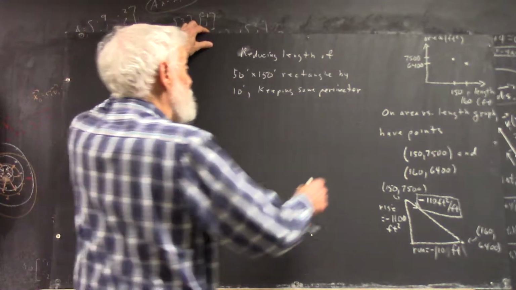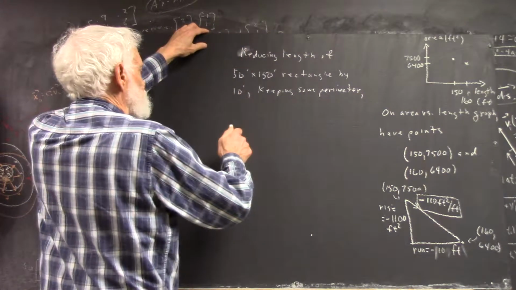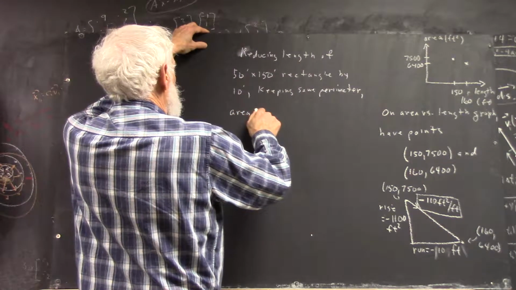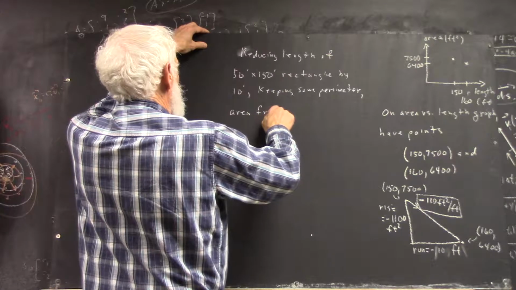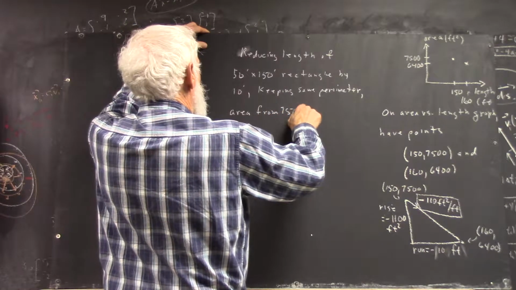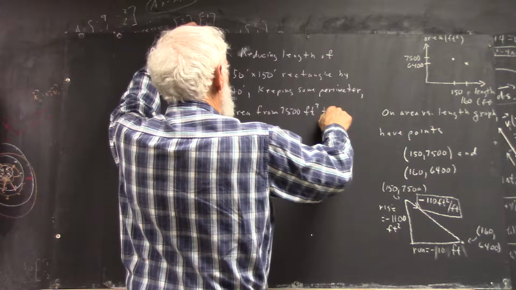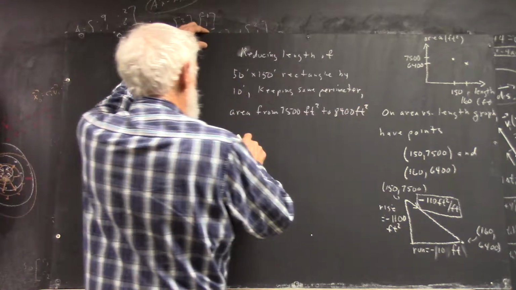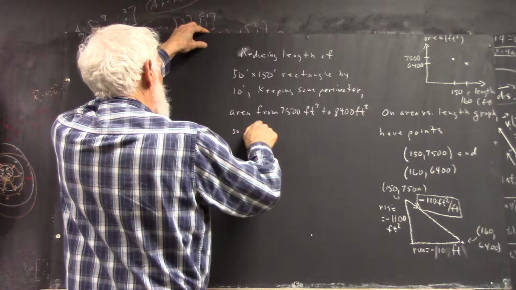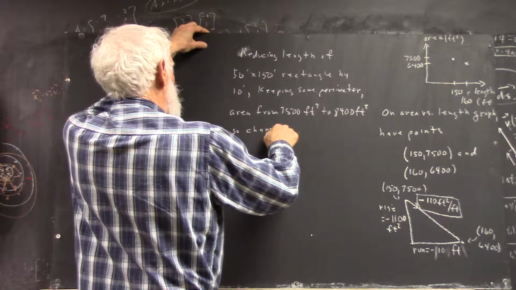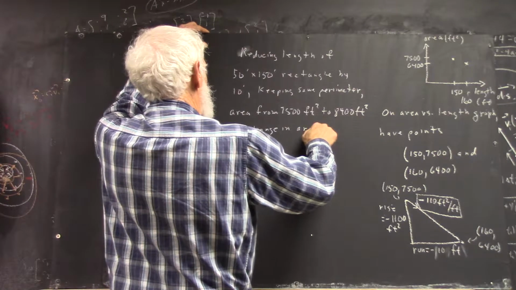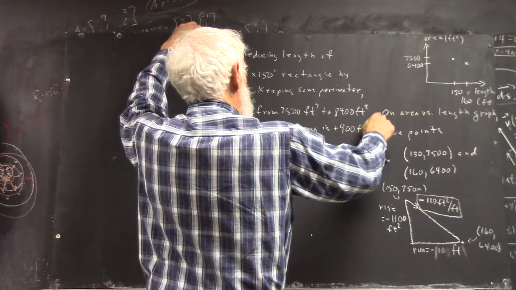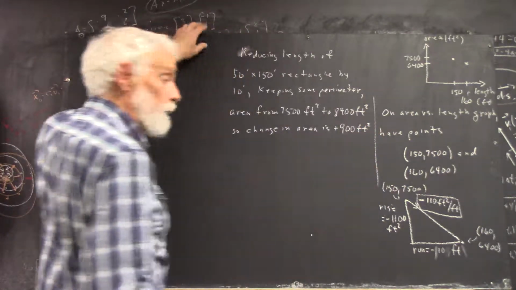Keeping the same perimeter, the area goes from 7,500 to 8,400 square feet. So the change in area is plus 900 square feet, right?